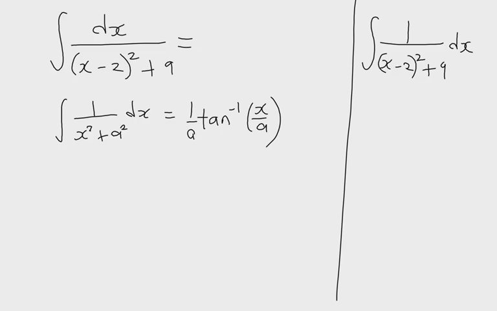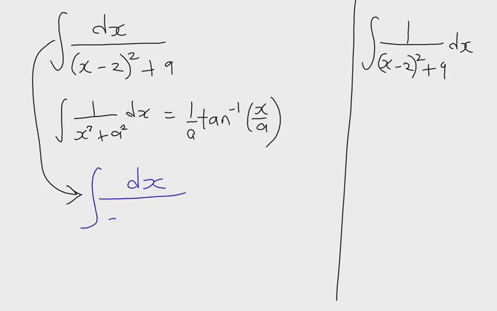Then that means in this case, we can write this as the integral of dx all over x minus 2 all squared plus 3 squared. So we have our a to be 3.